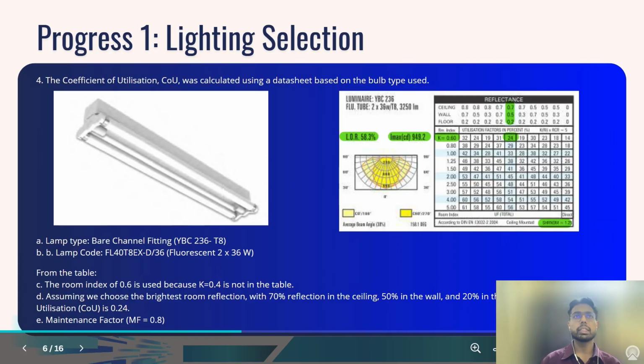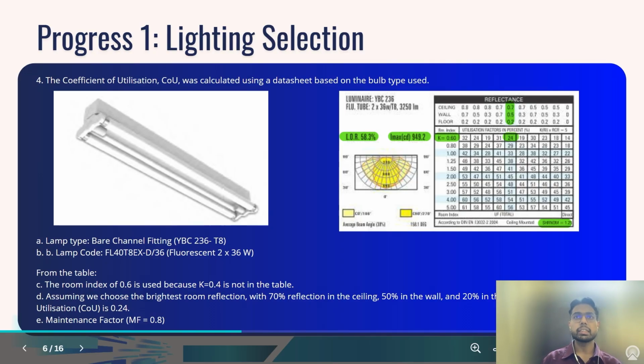Next, we will see that the coefficient of utilization was calculated using a data sheet based on the type used. In this case, the data sheet is from a company called YLI, which is CIDB, JKR and ST approved. The image on the left-hand side shows the luminaire type, which is YBC236, a fluorescent tube 2x36, where each bulb in the fitting is about 3250 lumens.